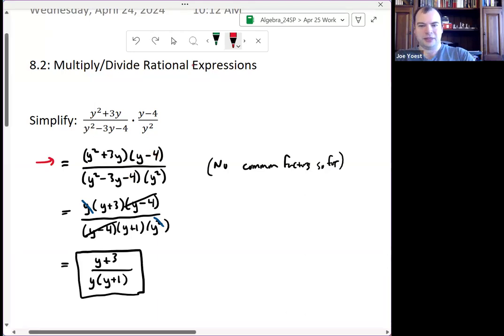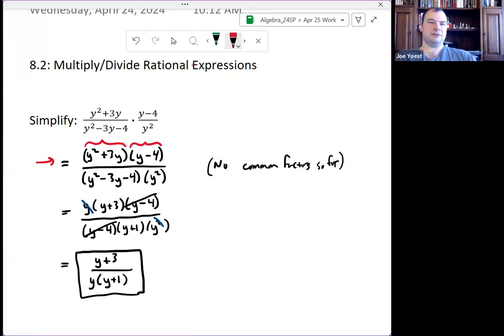I have to be really careful not to do that. Anything that I divide out, I'm only looking for things that are entire factors connected to the rest of the numerator or the rest of the denominator with a times sign. Only things connected with a times are eligible to be divided out as a complete unit.